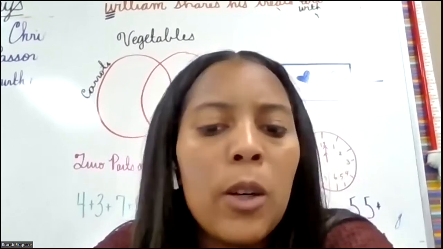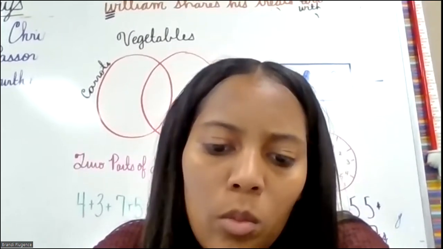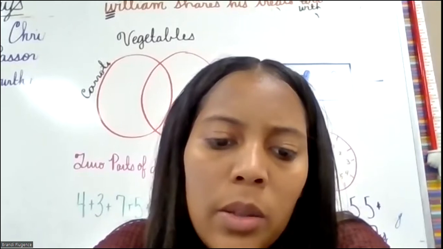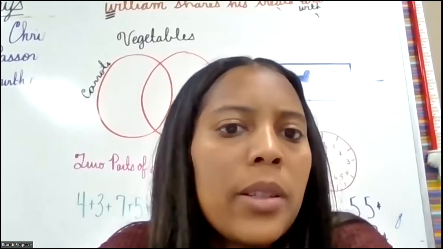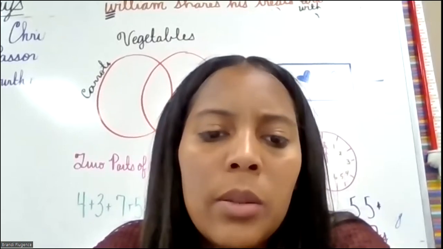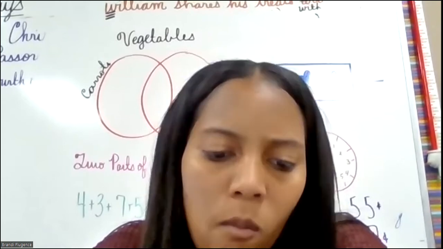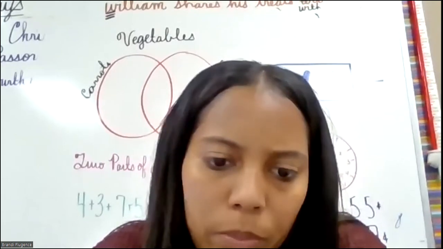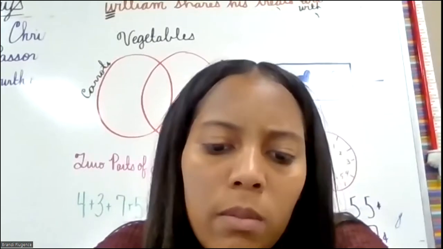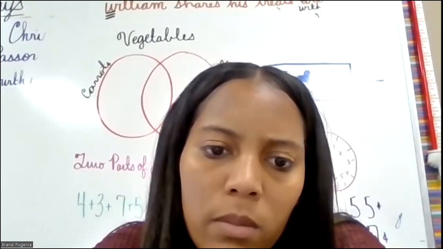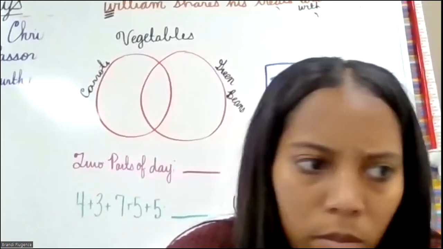Kinley, next one, fifth row. 10 minus 1 equals 9. 5 minus 0 is 5. Okay, Joshua, next one. 3 minus 1 equals 2. Dennis? 6 minus 0 equals 6.